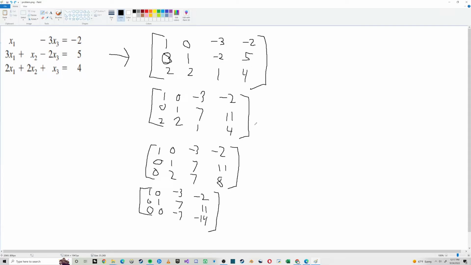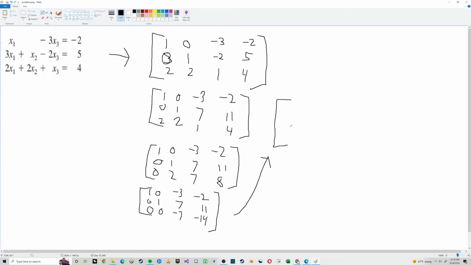So the way we can do that is, luckily for this problem we already have a 0 here, so that's nice. Next, let's try to get a 0 right here. As you can see, the bottom equation plus the middle equation will actually give us a 0 because we have a 7 and a negative 7 there. So let's make our next matrix.